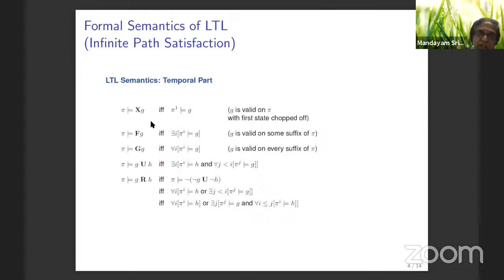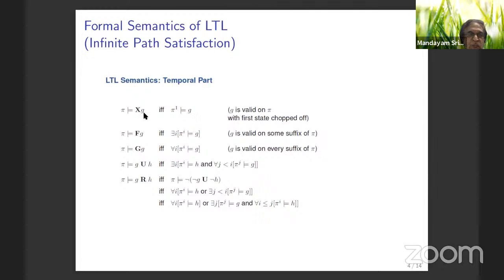I've shown only the temporal part of it. X g, you may recall, is defined on a path by taking suffixes of the path that start with some index i.